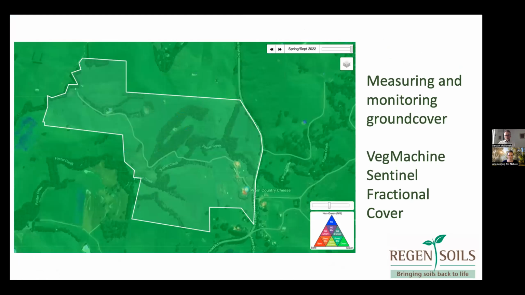As I mentioned before, we want to use aerial imagery to capture ground cover, and this is a snapshot from spring 2022 for one of our sites in Moyara in South Gippsland, and this is giving us a measure of fractional ground cover.